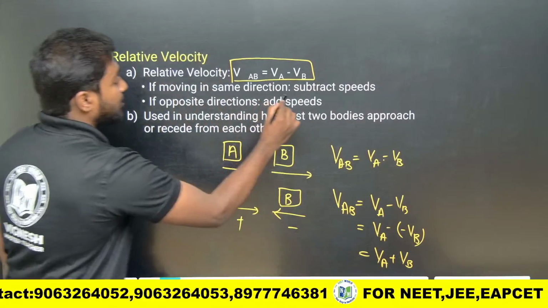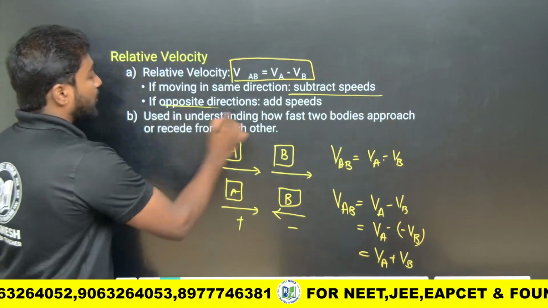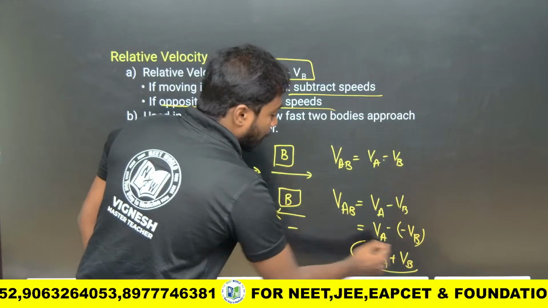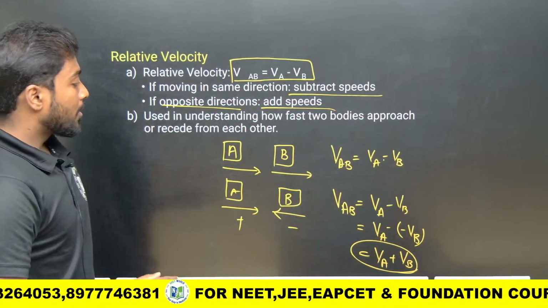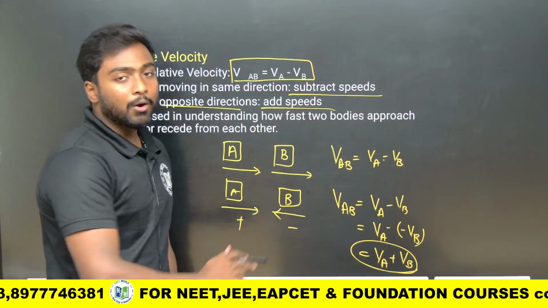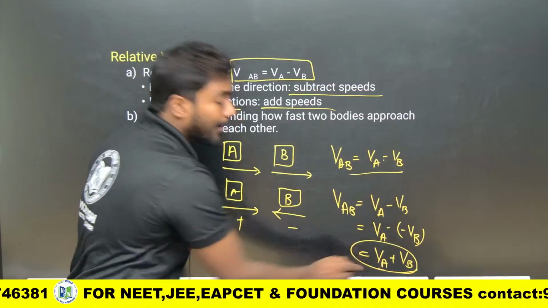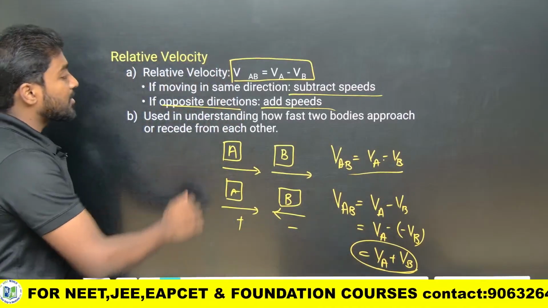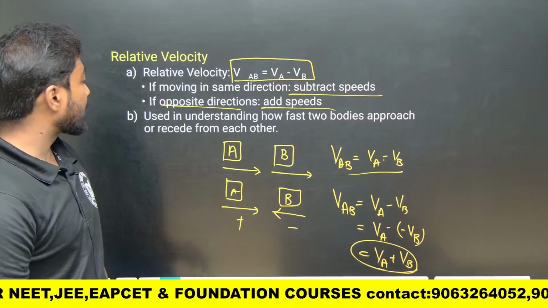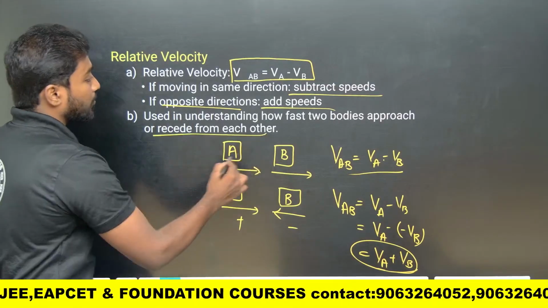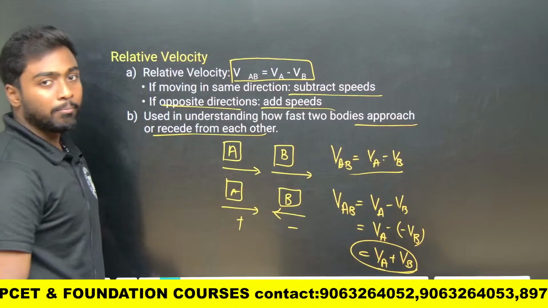So same direction subtract, opposite direction add. By using the sign conventions we get either a subtraction or an addition. This is used in understanding how fast two bodies approach or recede from each other.